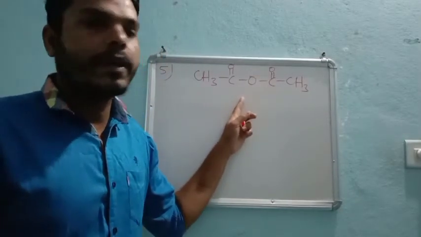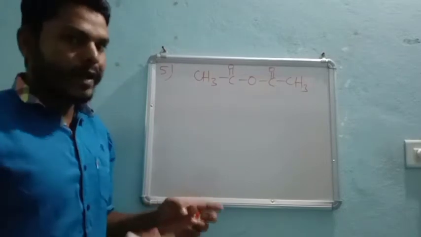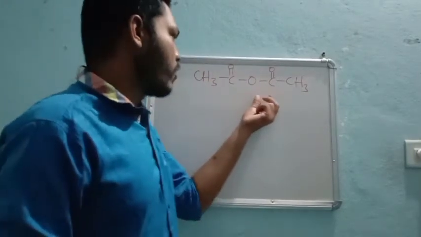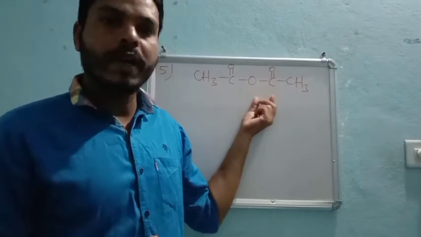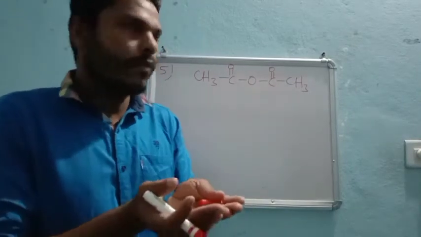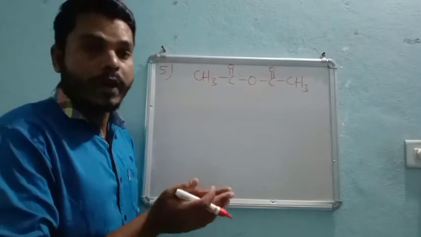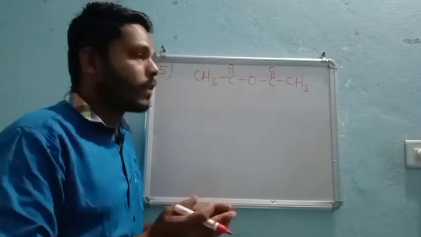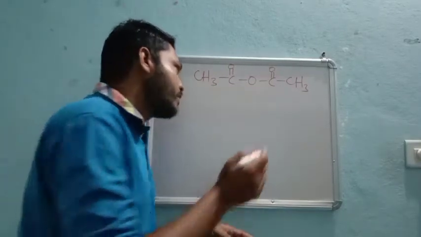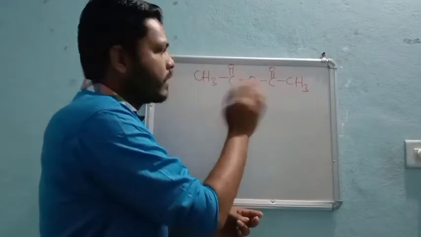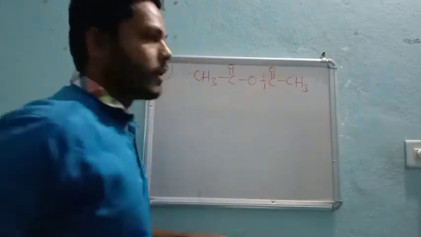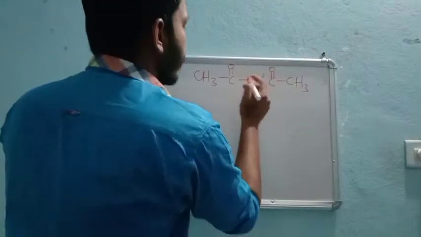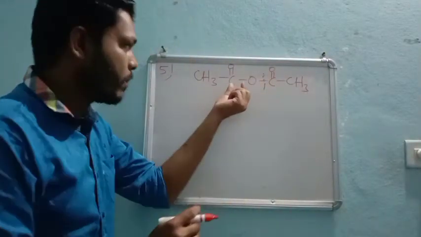Now see here, when this molecule is undergoing the reaction, then definitely it has to go into ionization. That means you can break the bond on either side, right? So this is the bond breakage, or else if you come from this side, then you can show the breakage like this.